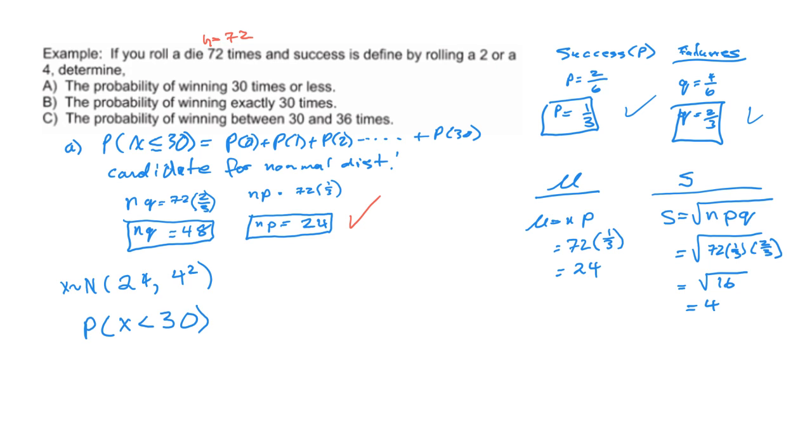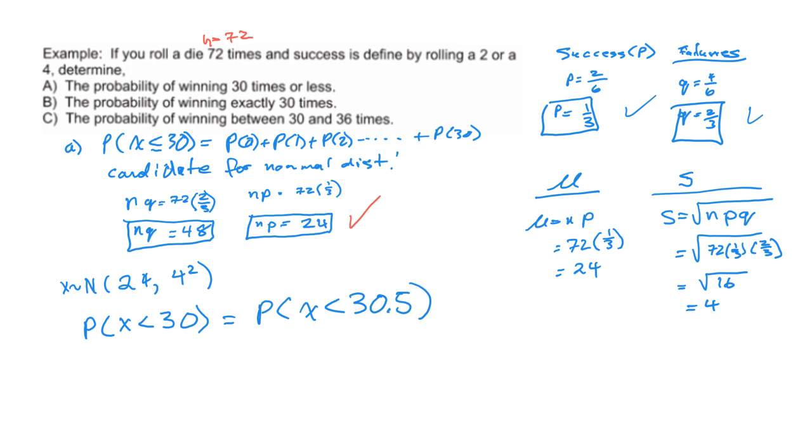To calculate something less than 30 for a binomial distribution, which is discrete points, we're going to have to actually use the value of the probability of X being less than 30.5 to calculate what we're looking for.